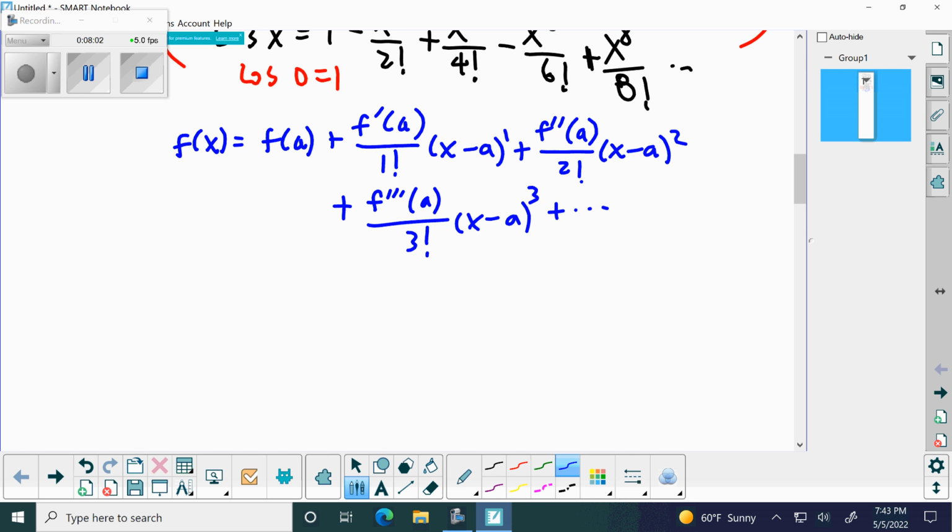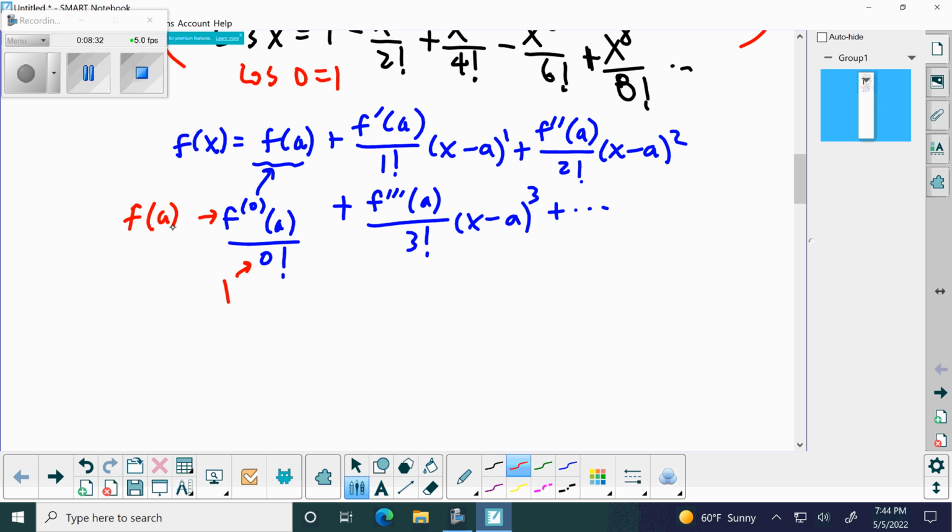This f of a can be thought of as the 0th derivative, evaluated at a, over 0 factorial. 0 factorial is equal to 1. And this top part, this numerator, is just simply f of a. The 0th derivative would be the function itself.